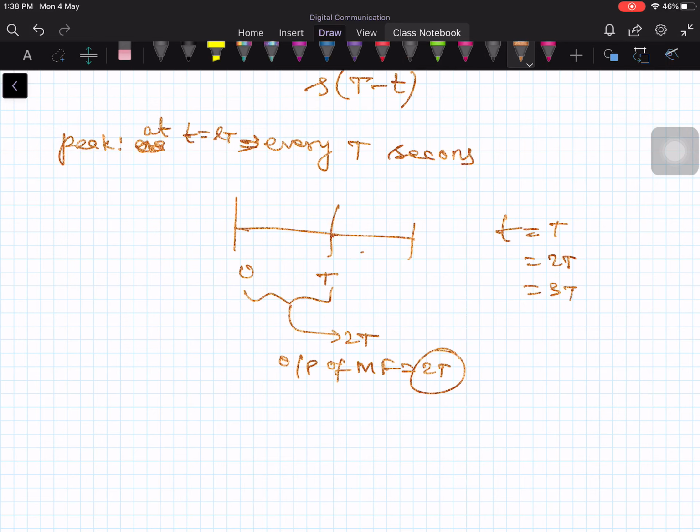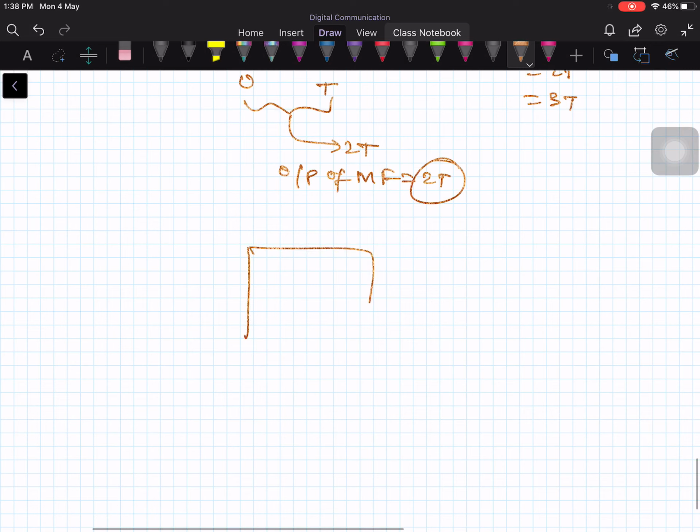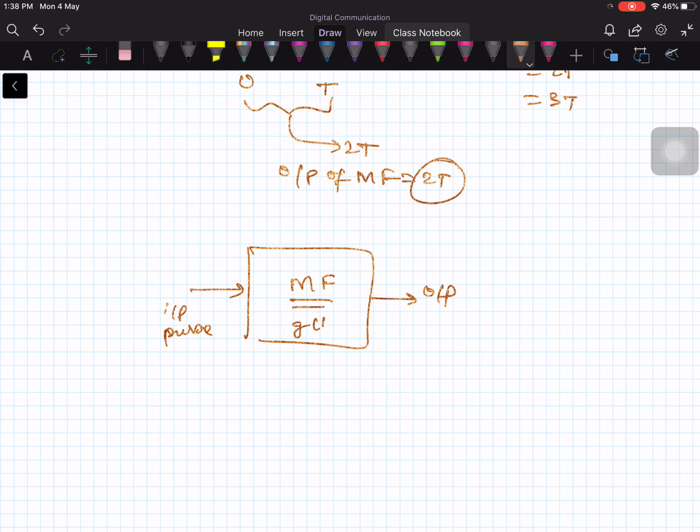So what we have to make sure is that the output pulse of the matched filter should not interfere with the next pulse, in the next interval. So this is your input pulse, and this is your impulse response, and this is your output pulse.